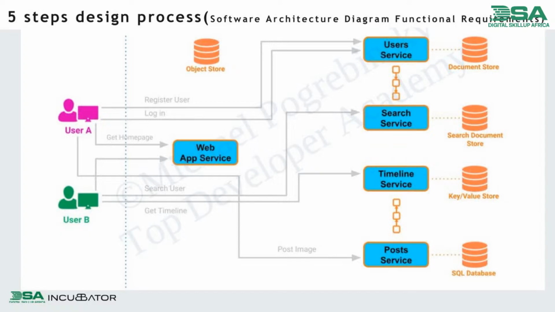Even the one that is already registered before, coming in as a second user, will also go to the web app service. So this is where a user can send initial requests. And depending on whether the user is already registered or not, we will send back either a login page or a registration page. Okay.